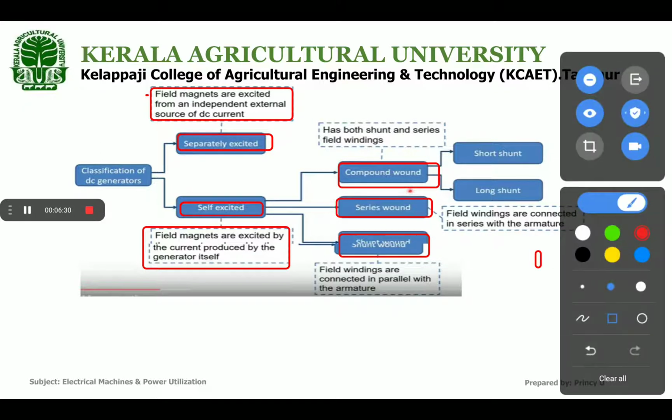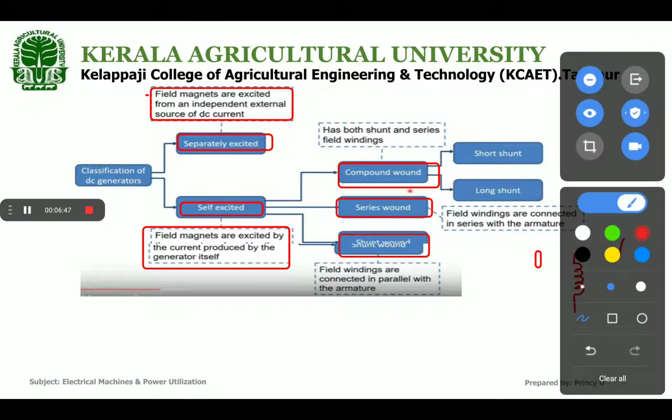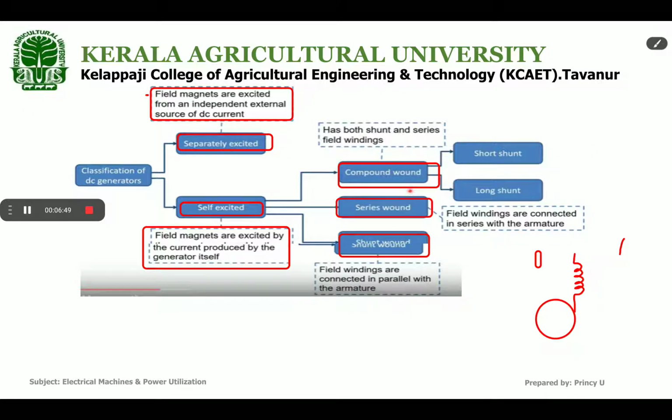We represent the field winding as a small winding. In electrical circuit diagrams, the windings are represented like this, and the armature is represented like this.